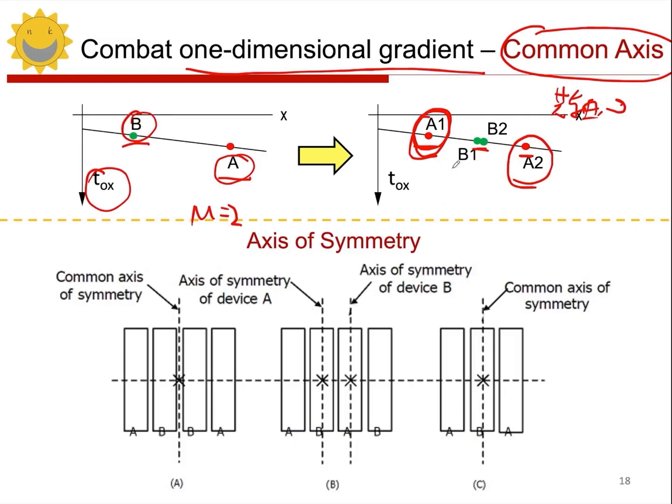Then, if we look at B1 and B2, we'll find that B1 and B2 are positioned right in the middle, which gives us an intermediate threshold, right? So after drawing like this, their axes actually coincide, in this case, from the x direction. Changes in this parameter, the combined effect is the same, right? So this will make A and B even more consistent, right? More consistent.